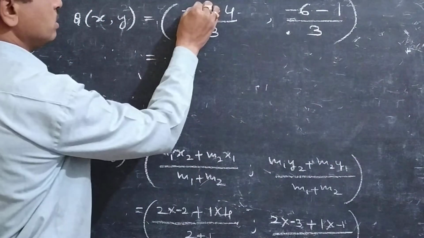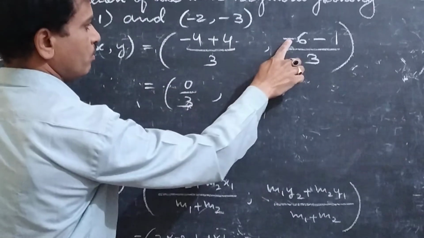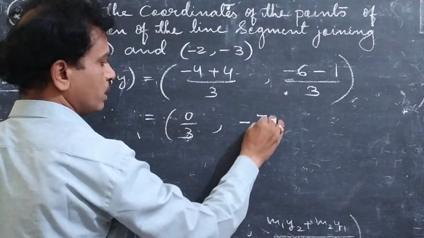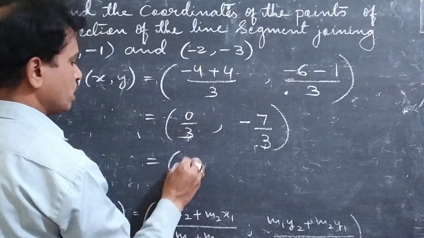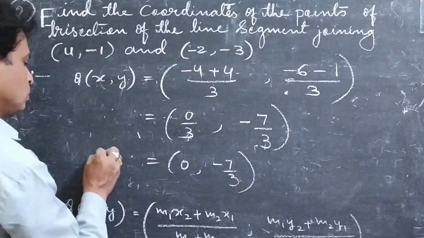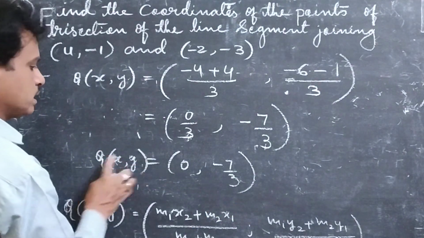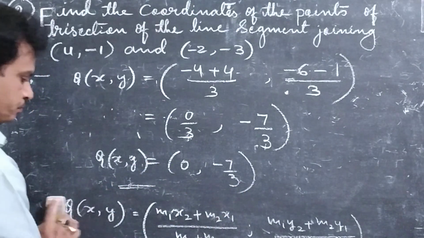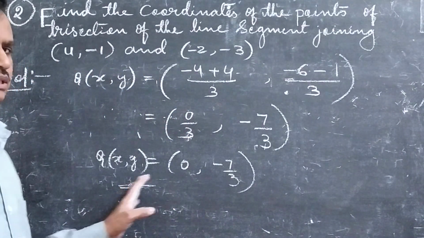Then -4 plus 4 is 0, so 0 by 3. Then both are negative, keep the minus sign and add 6 plus 1 is 7 by 3. So 0 by any number is 0, comma -7/3. So these are the coordinates of point Q: x is 0, y is -7/3. Okay, this is the result.